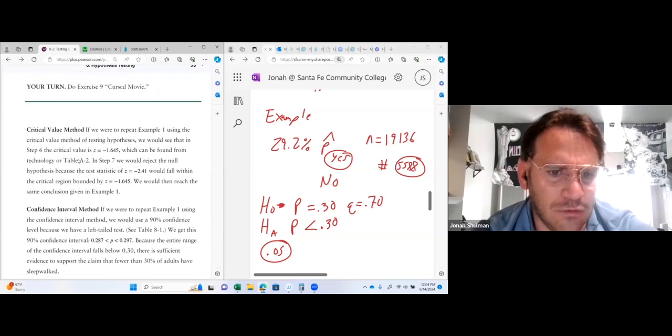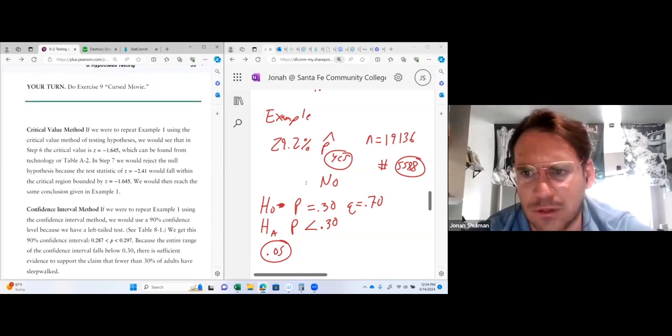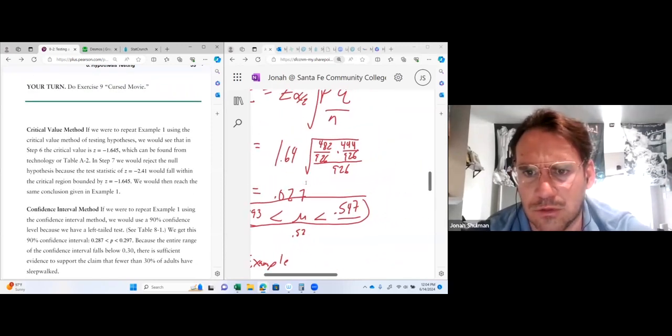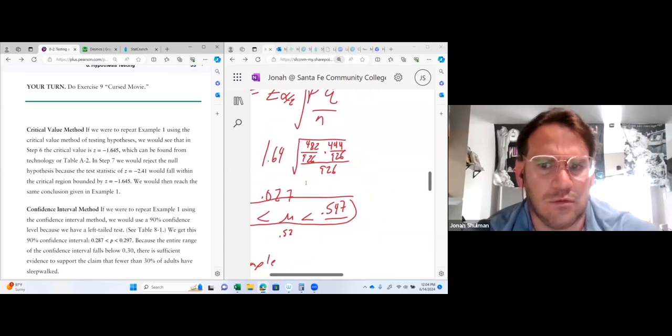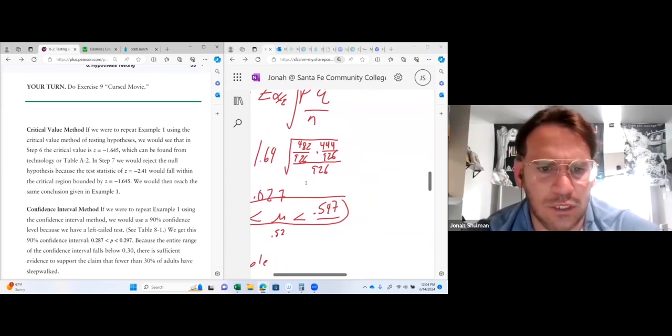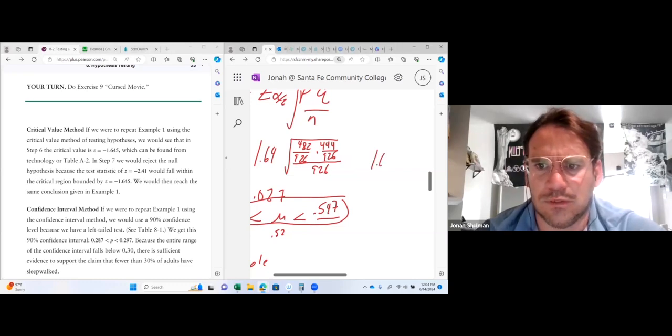And now to do the confidence interval method, which I will show. So here we go. Here's the confidence interval method. 1.64.